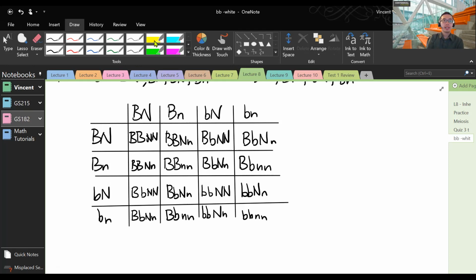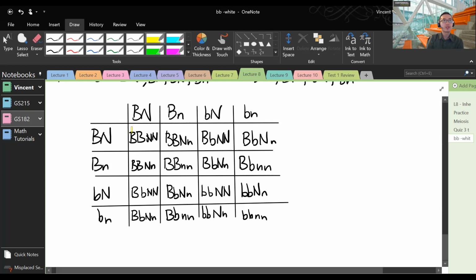All right. Let's try to find out everything that looks the same. Over here, and I need your help for this. This is big B, big N, big N. What will this rabbit look like? For a rabbit to have big B, big N, what does it look like?